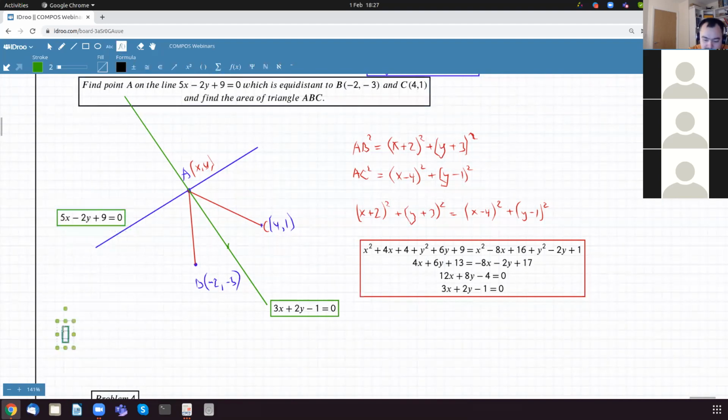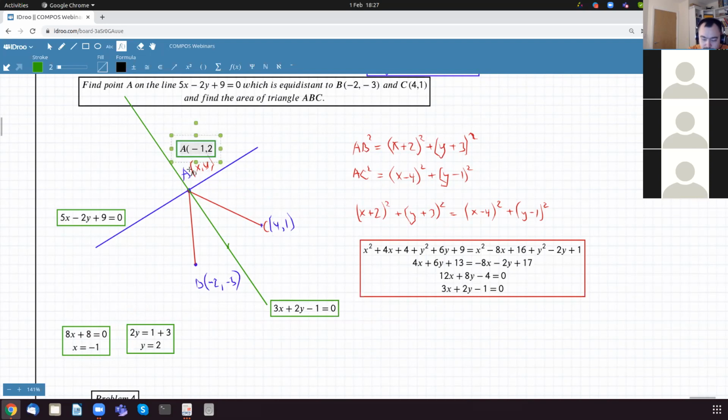Adding the two equations, we get 8x plus 8 equals 0, so x is minus 1. Plugging it into the second equation, 2y equals 1 plus 3, so y is 2. So this point, A, is minus 1, 2.